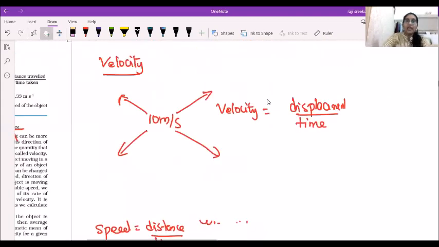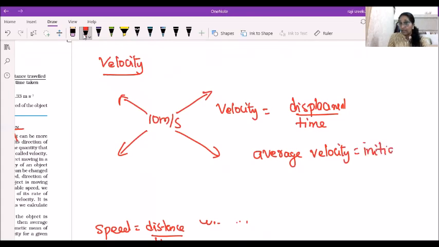If it is average velocity, how will we calculate? Average velocity is equal to, we are not adding all the velocities together. We are taking initial velocity plus final velocity divided by 2.